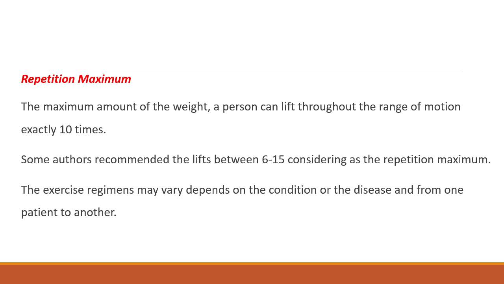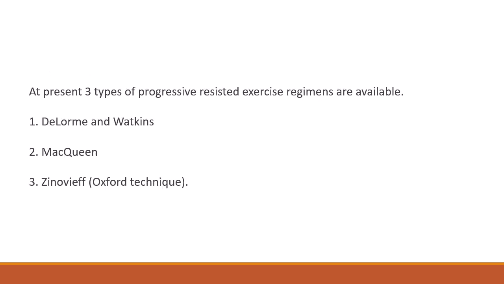The exercise regimen may vary depending on the condition and disease from one patient to another. It is not the same; it differs from patient to patient. We can set the weight and repetitions according to the patient.